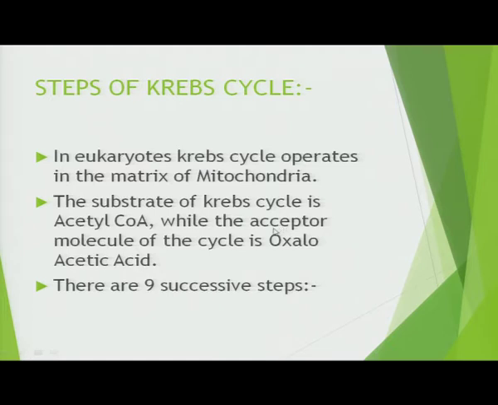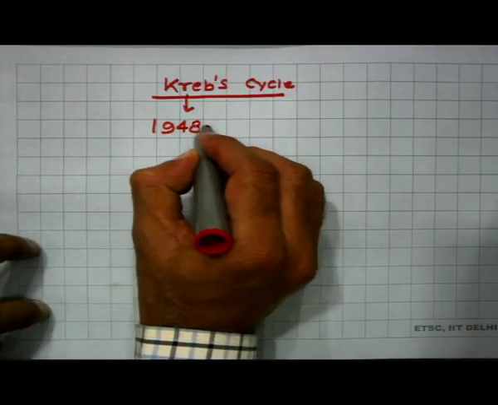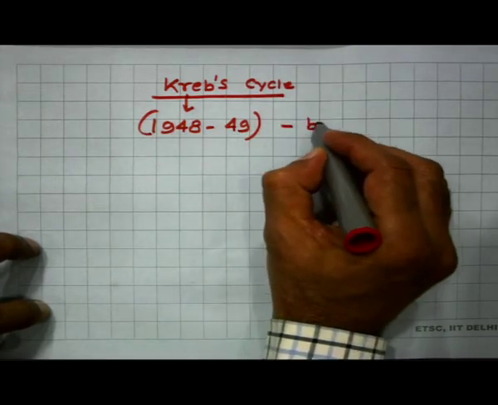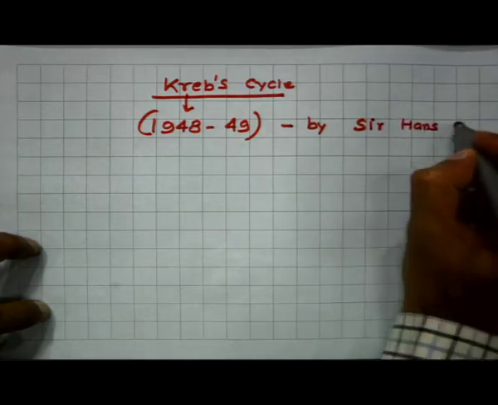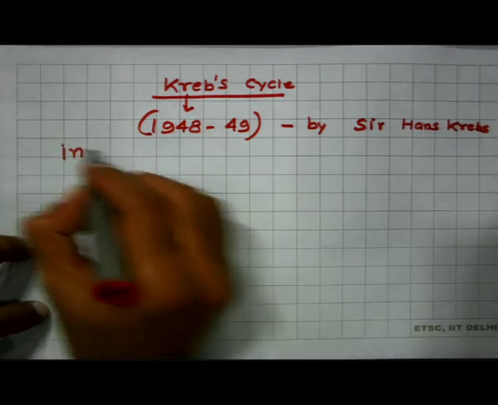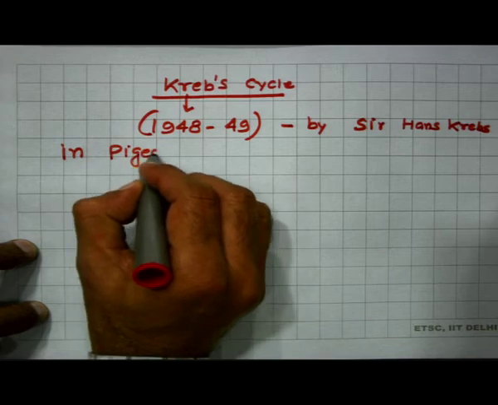The Krebs cycle was discovered in 1949 by Sir Hans Krebs. It was first seen by Krebs in pigeon muscles.